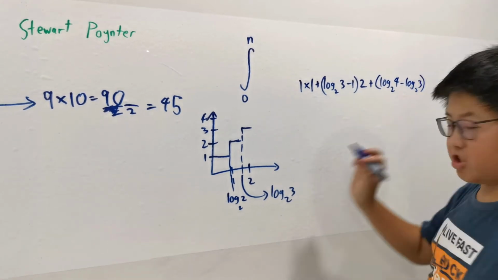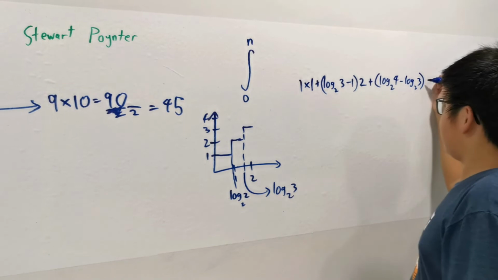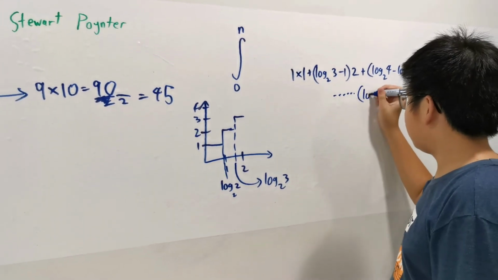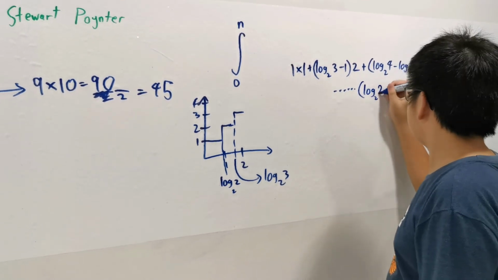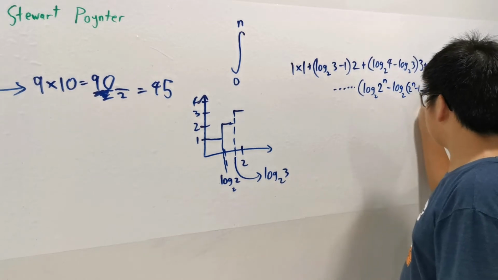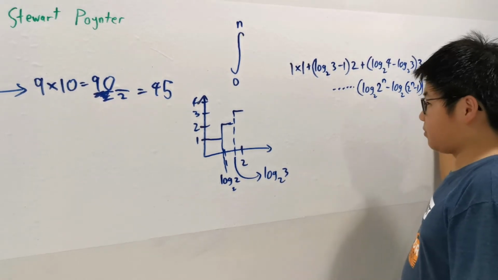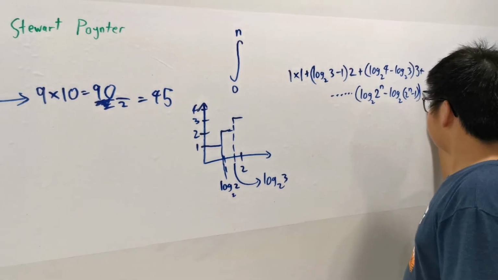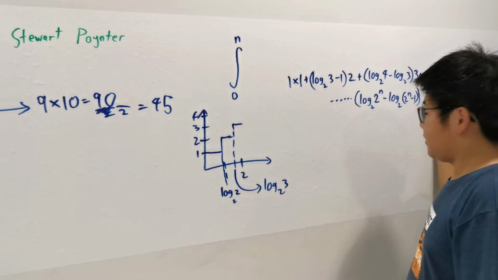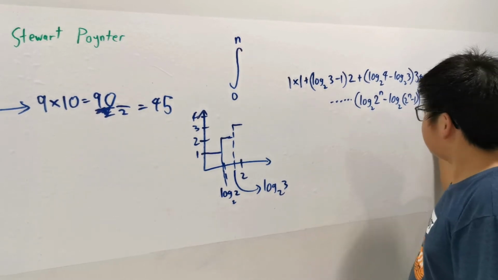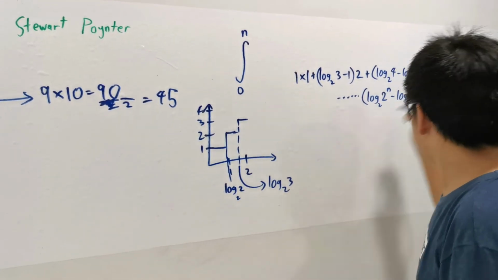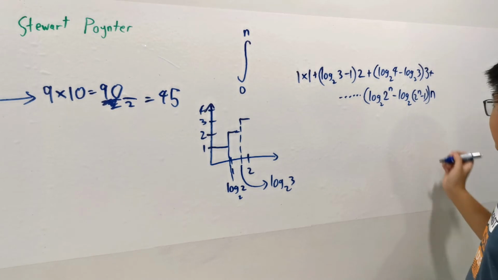Keep in mind that log 2 of 4 is just another way of writing 2, and then times 3, plus, and so on until log 2 of 2 to the power of n minus log 2 of 2 to the power of n minus 1, and then we multiply it by n. Do you see here? Times n.